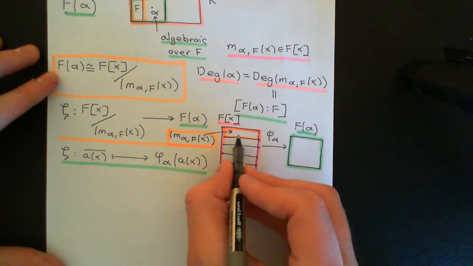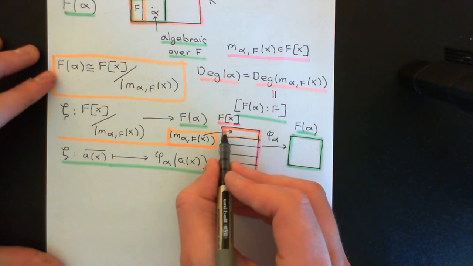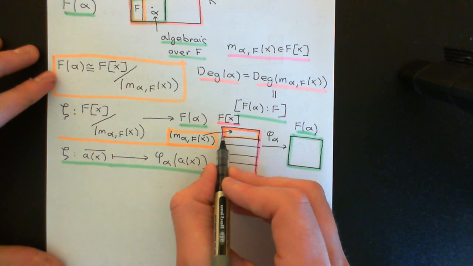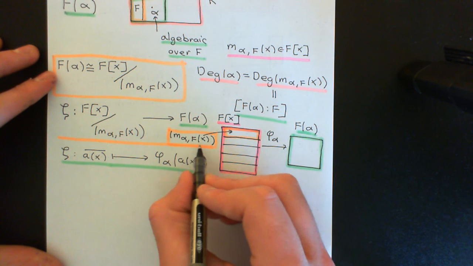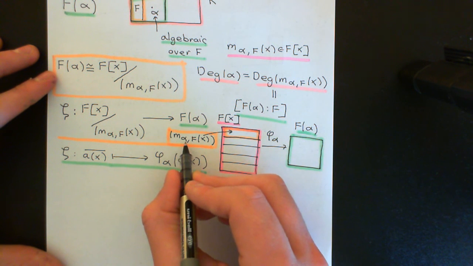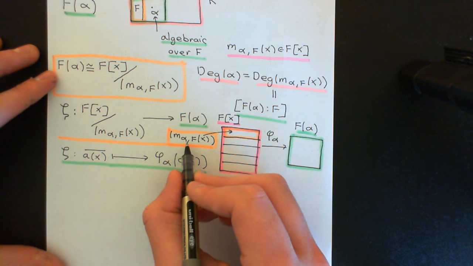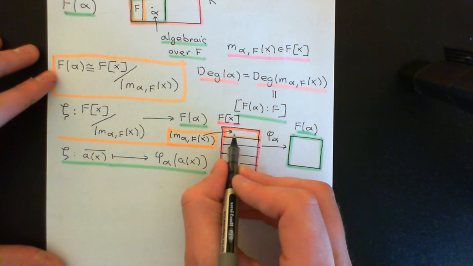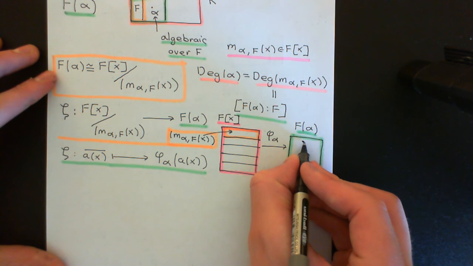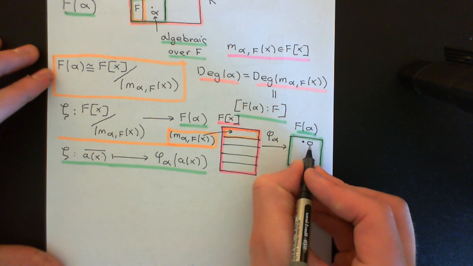And just to give you the intuition of why that's true, if we consider all of the elements in the principal ideal generated by the minimal polynomial of alpha over F, they are all going to be mapped onto a single element over here. They're going to be mapped onto 0.